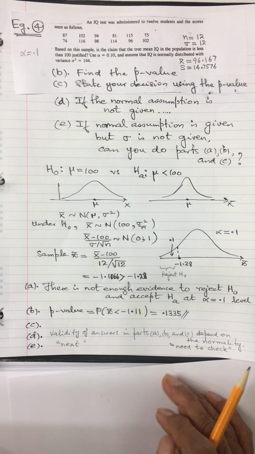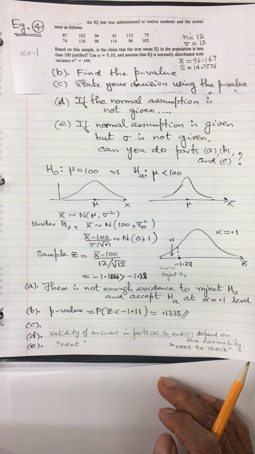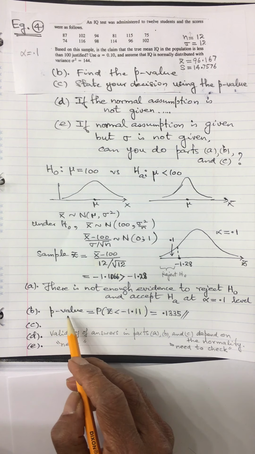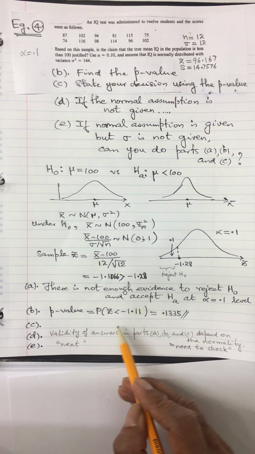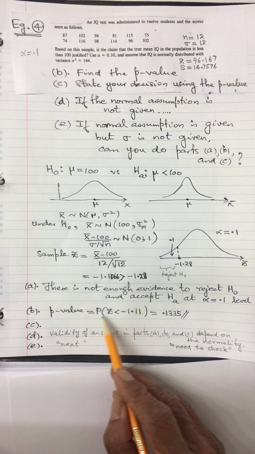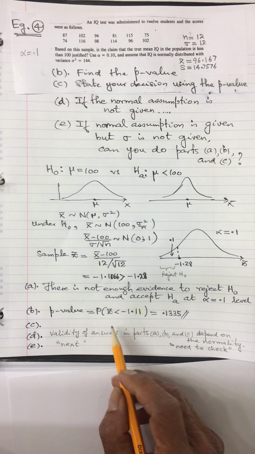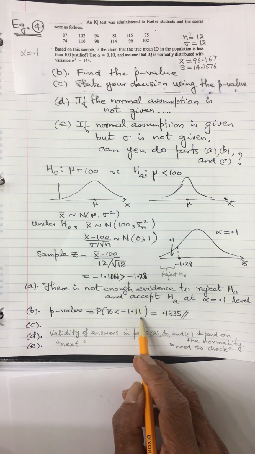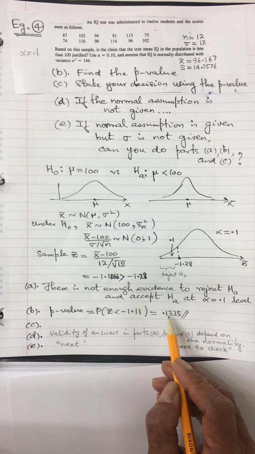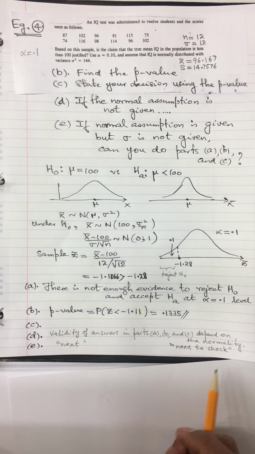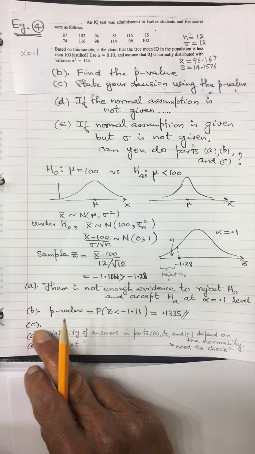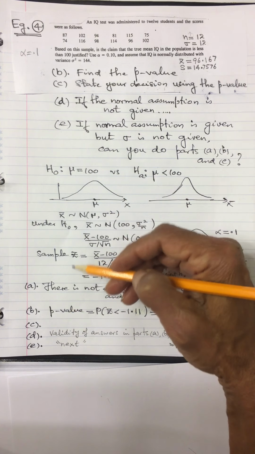So anyway, that's part A, and part B, to find the p-value. You set your cutoff right on that value and figure out the probability from the z table. That's the p-value, which is going to be 0.1335. Part C goes very much the same way.